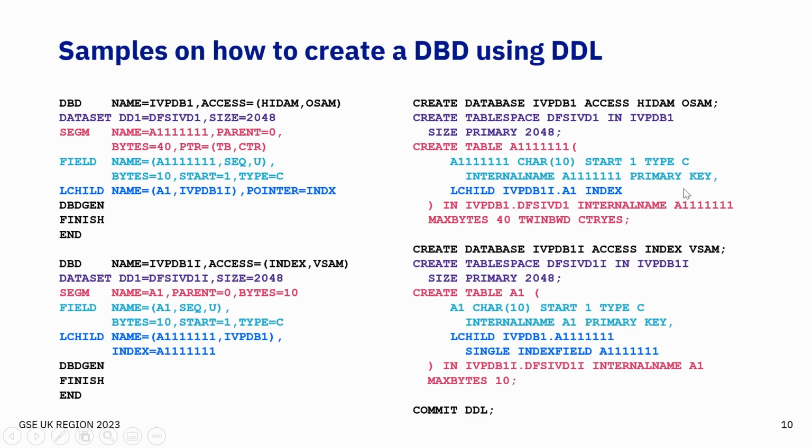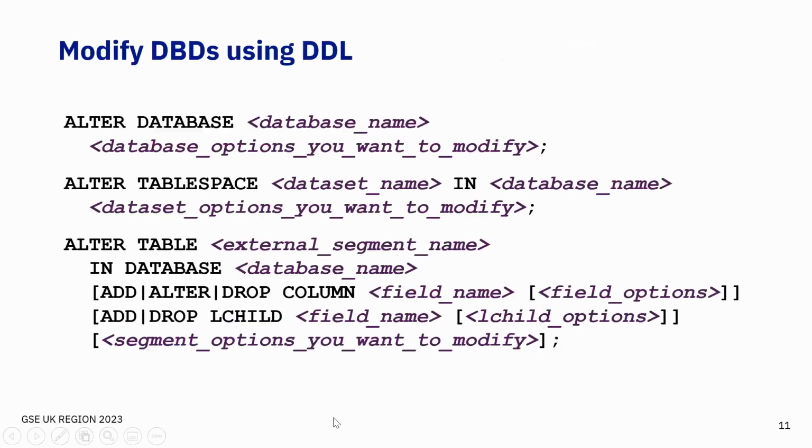So this is a very nice way to see how DBDs correspond, or what the corresponding coding is for DBDs in DDL. And then when you're submitting DDL, you can say commit DDL, or you may not, and I'll get into that later on, right? So this is a sample of a DBD using DDL, if you will, okay?